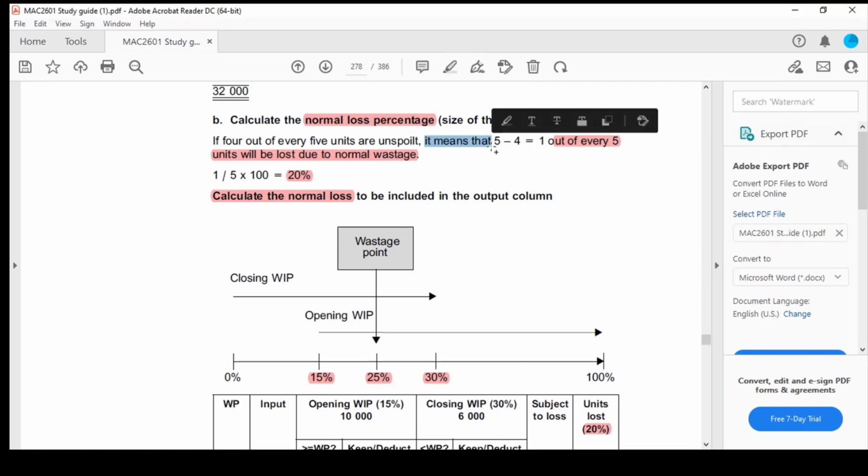Will they give it like that to us in the exam? Yes, you wouldn't thumb suck it out of nowhere. They will give you a scenario to work out the percentage split.